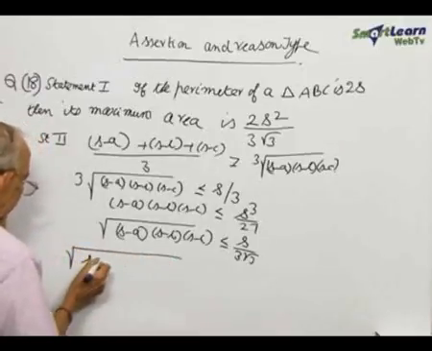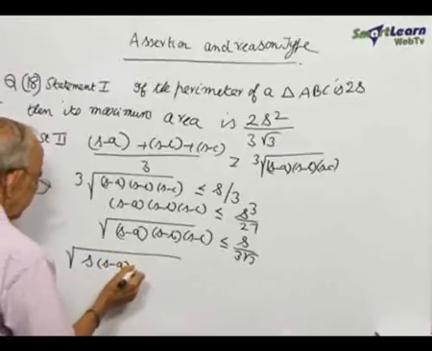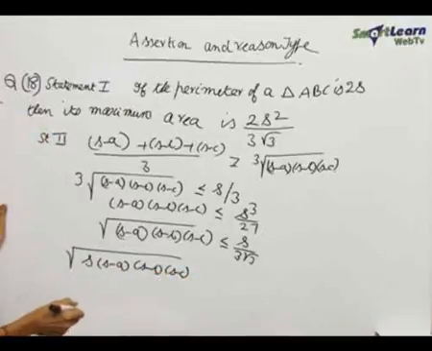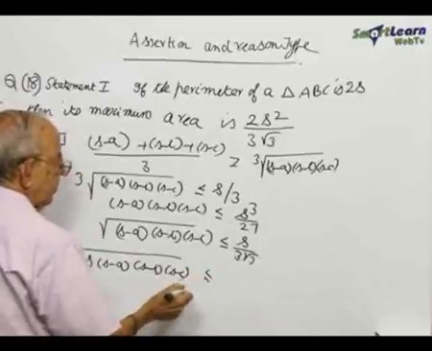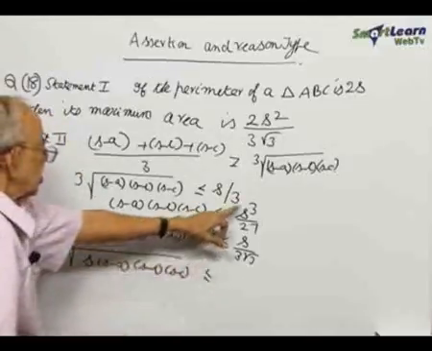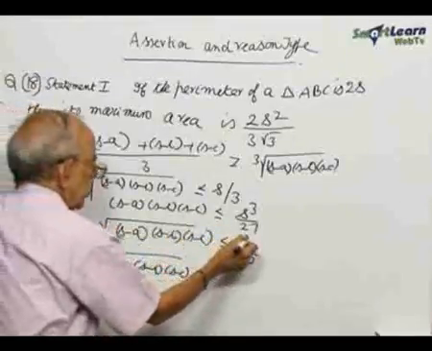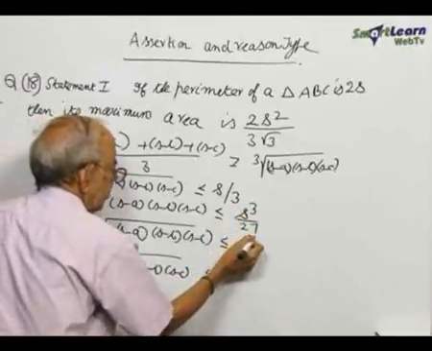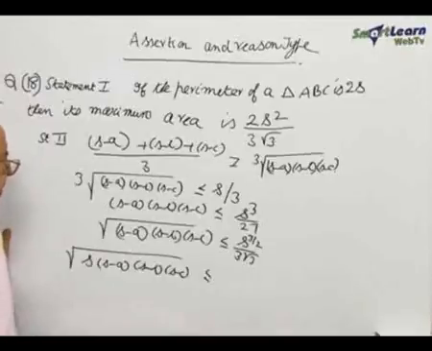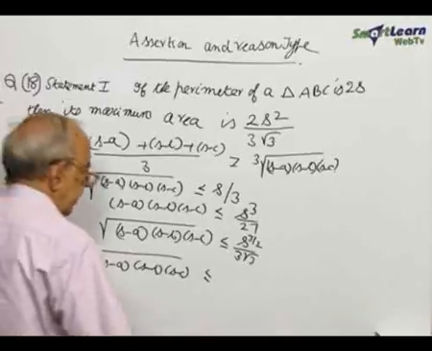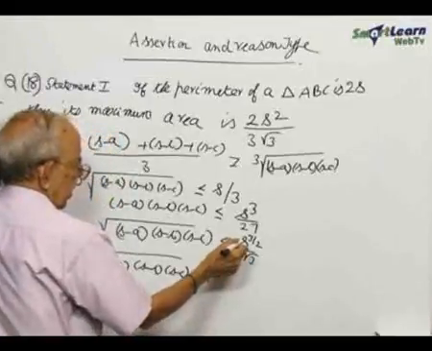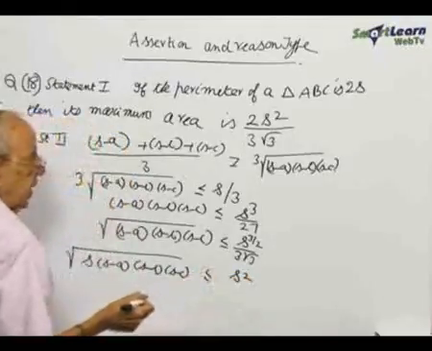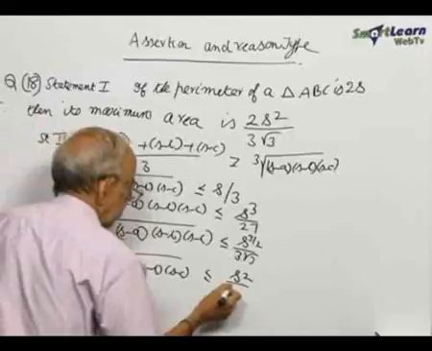Square root of s into (s minus a) into (s minus b) into (s minus c) will be, on the right, root s into s power 3 by 2, the square root of s cubed being s power 3 by 2. That is s squared by 3 root 3.